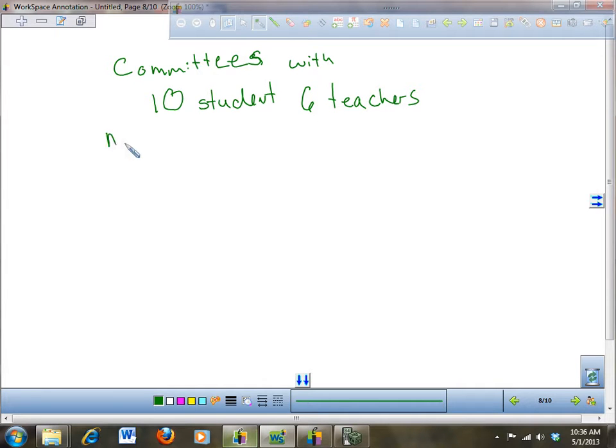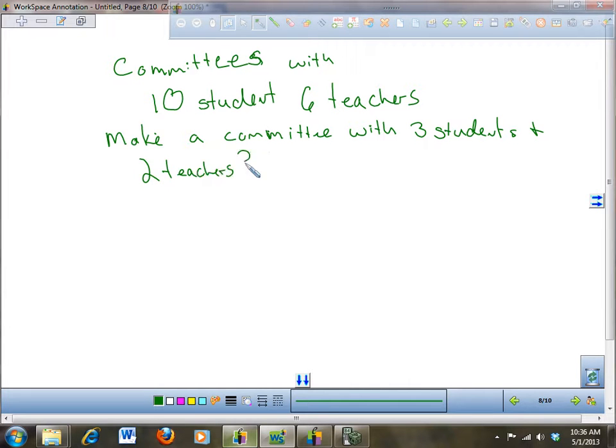And you want to make a committee with 3 students and 2 teachers. How many different committees could I make? Okay, make a committee with 3 students and 2 teachers.